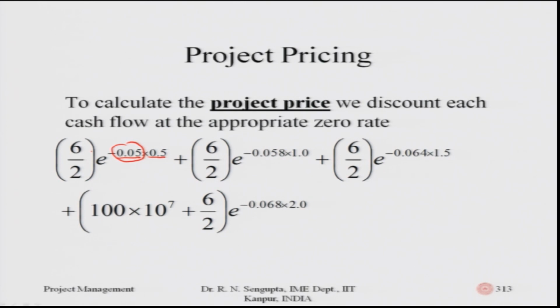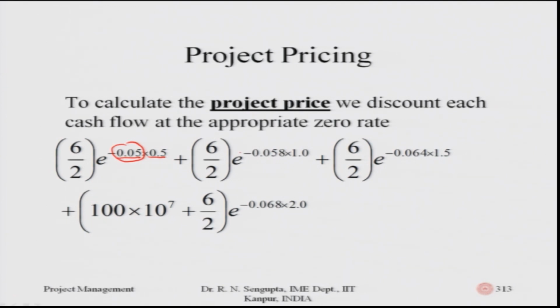If I go to the next term, again semi-annual means 6 by 2. The interest rate for a 1 year period is given as 0.058, which is 5.8%, and the time period is 1.0, which is 1 year. This negative sign, as I mentioned, is basically the time value calculated as of now.